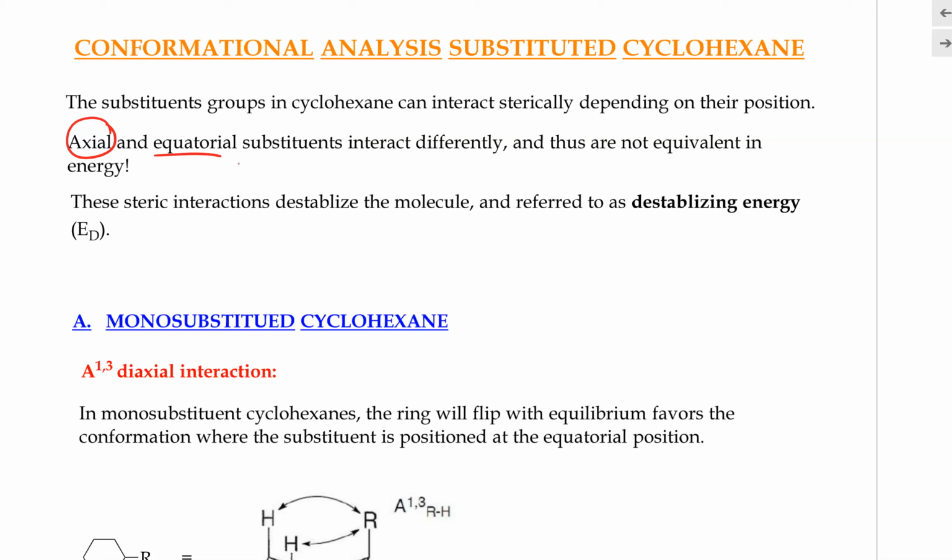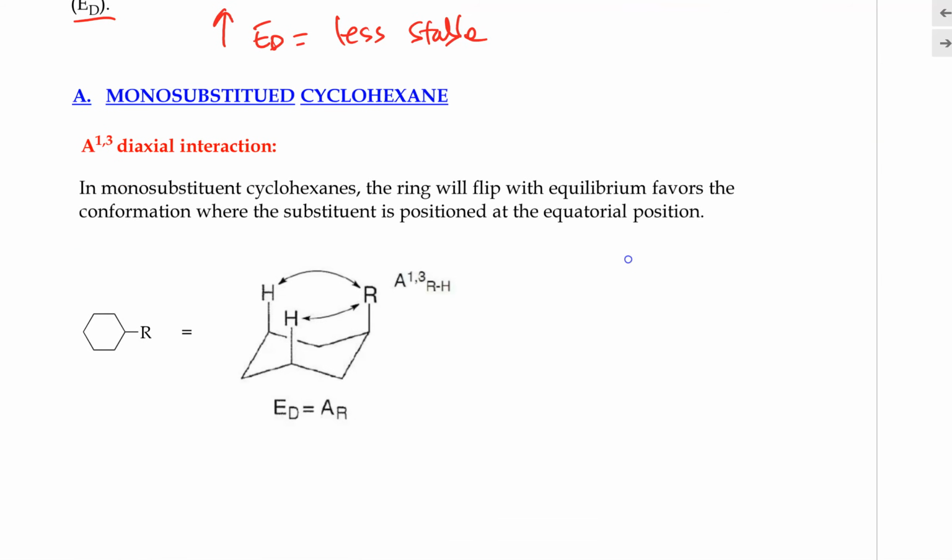And the steric energy that destabilizes the molecule is referred to as the destabilizing energy, or ED. And the higher the destabilizing energy, the less stable that conformation would be.